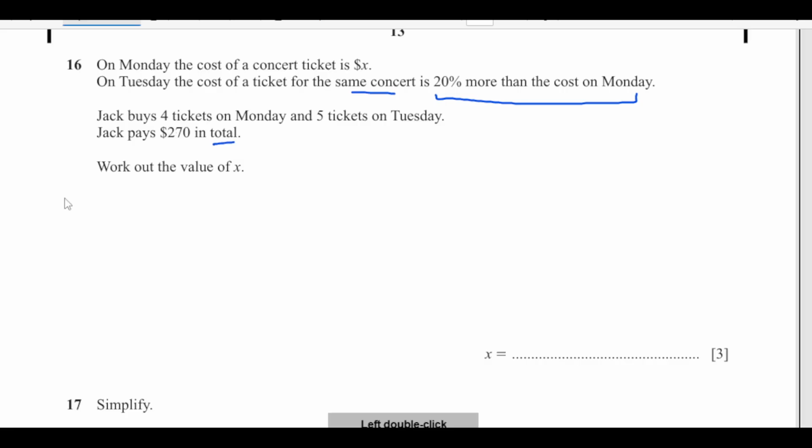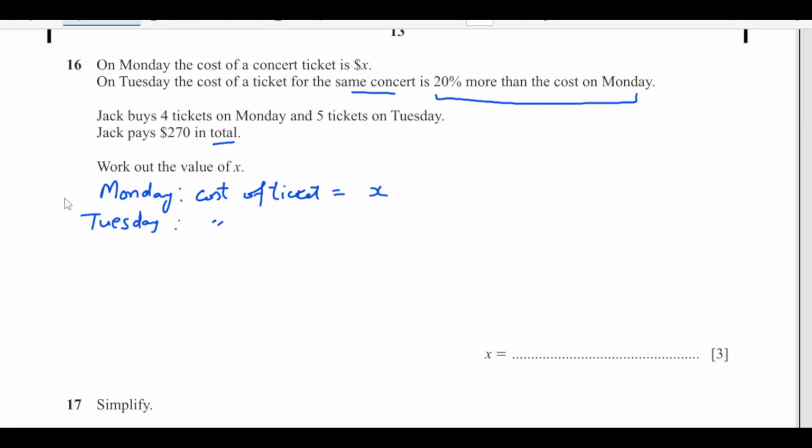So let's say we will start day by day here. On Monday the cost of ticket is $X. Okay. Then on Tuesday the cost is 20% more than.